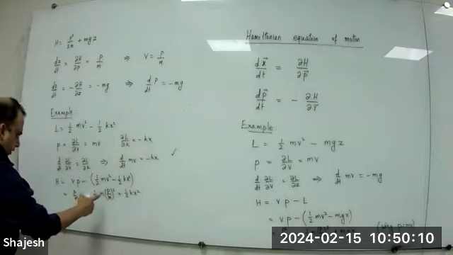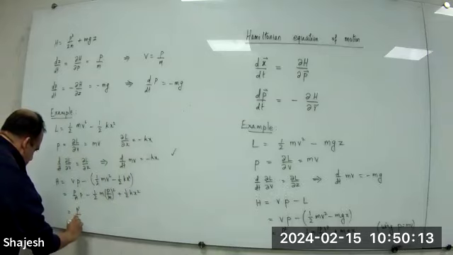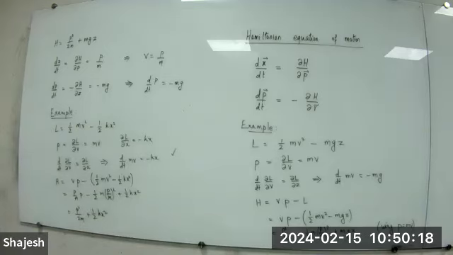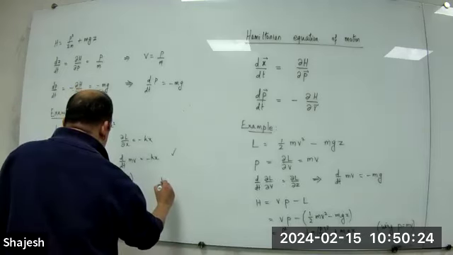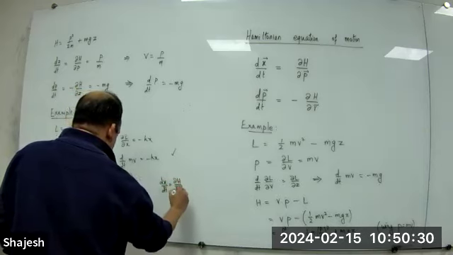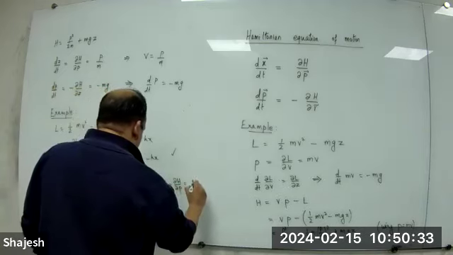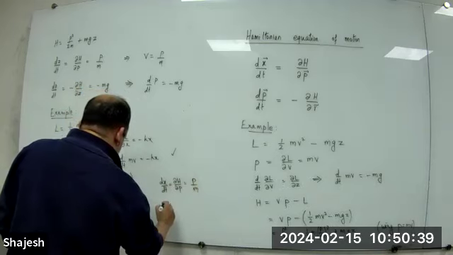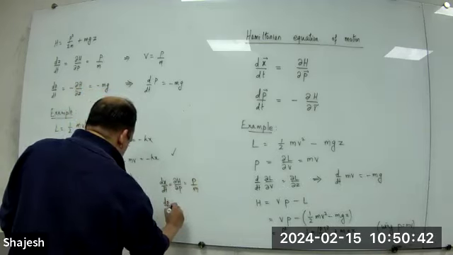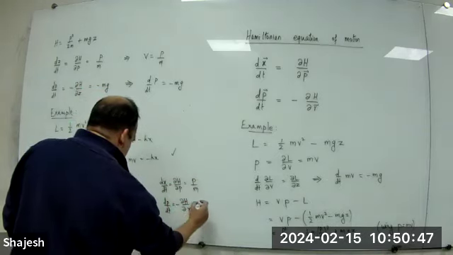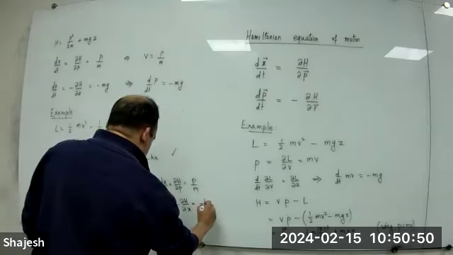Put this together: p squared over 2m plus half kx squared. And the equations of motion: dx by dt is equal to the partial derivative of H with respect to p, that's equal to p over m, the velocity. And dp by dt is equal to negative partial derivative of the Hamiltonian with respect to x, and that's equal to minus kx.